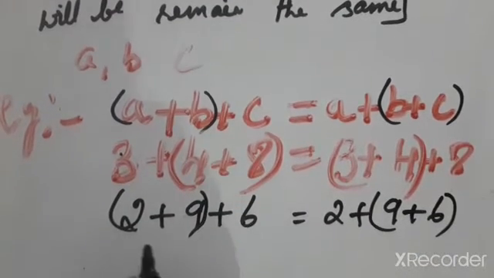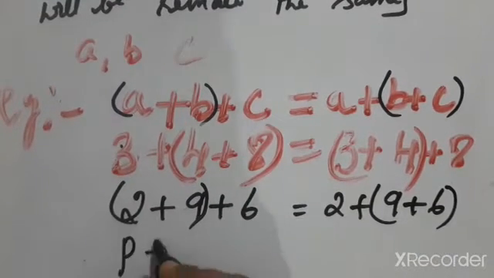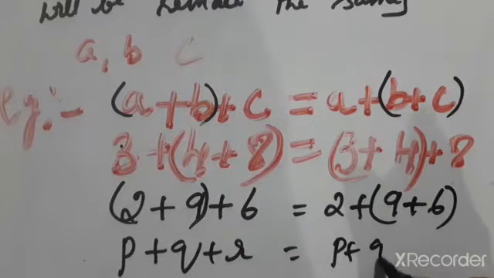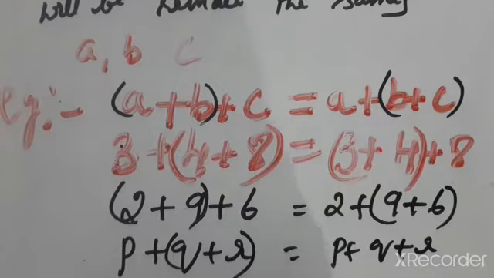Any other letter examples? P plus Q plus R equals P plus Q plus R. It is only a change in the grouping, that is, the bracket.